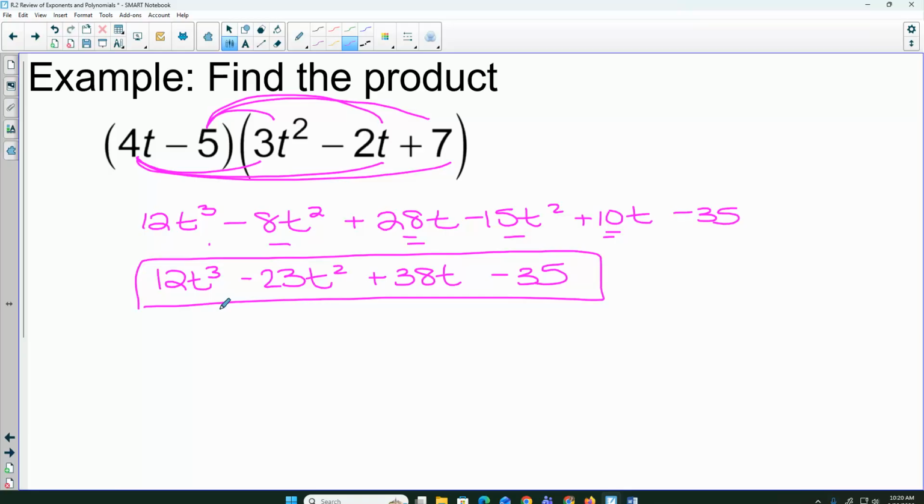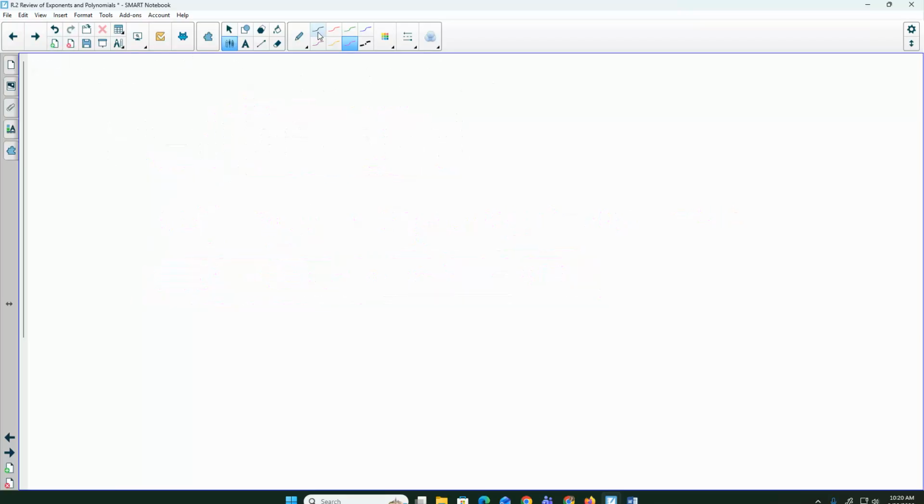Okay. What if I said, did everybody have that one down? Yeah. What does it mean if I have a square outside my parentheses?